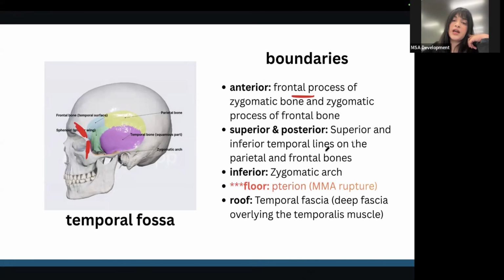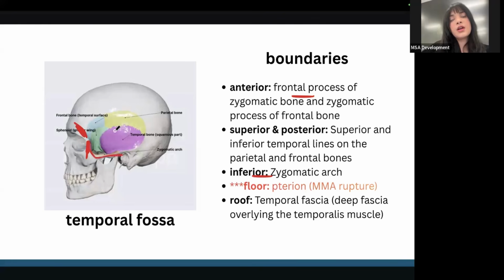Superior and posterior, you have the superior and inferior temporal lines on the parietal and frontal bones. Inferiorly, you have the zygomatic arch. So this is the zygomatic arch, this thing. The floor is the pterion. So this colored area is the floor.